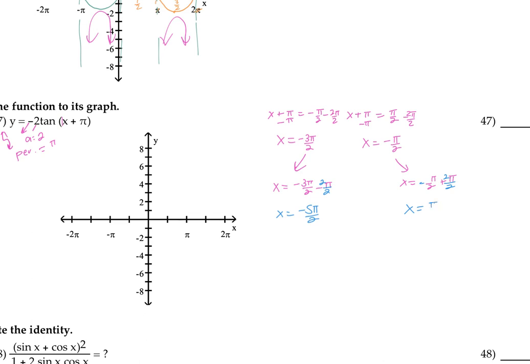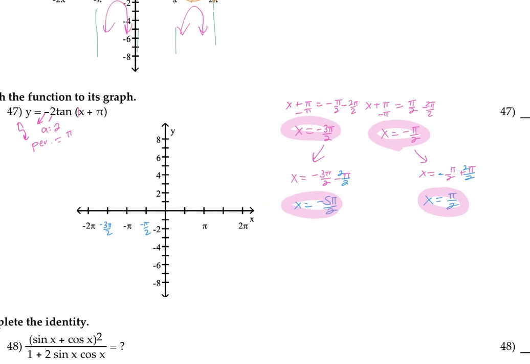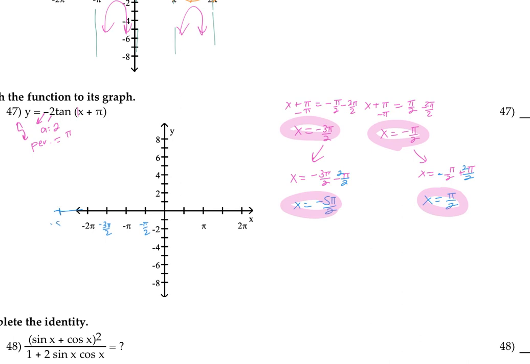So I'd get pi over 2. And then those are your asymptotes. I can mark these in between negative 3 pi over 2, negative pi over 2, negative 5 pi over 2 would be over here, and positive pi over 2 would be here. Those are the asymptotes.